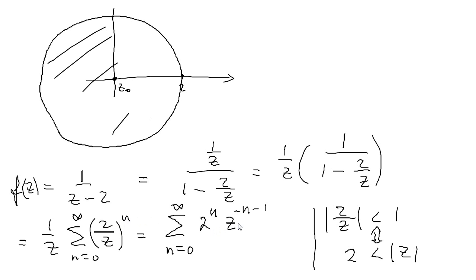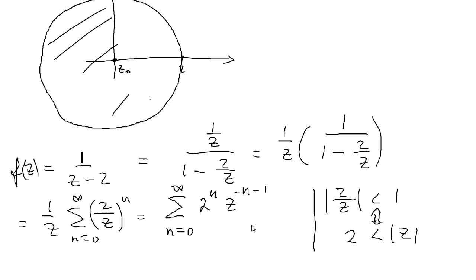And then, by multiplying with z to the power of minus 1, which is this guy, I obtain this infinite series. And I know that this u must have an absolute value less than 1.